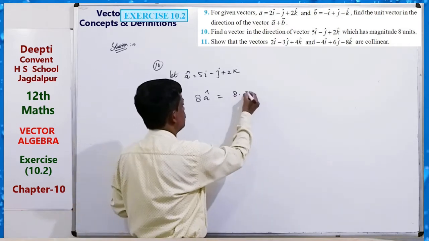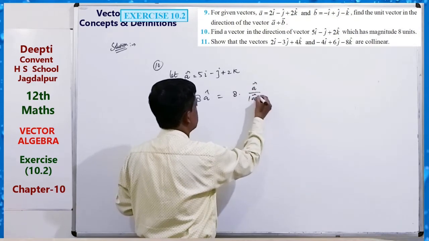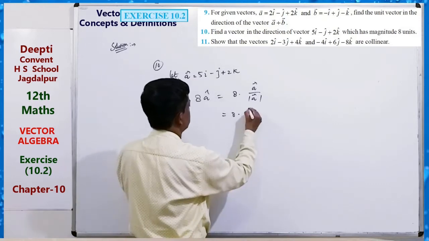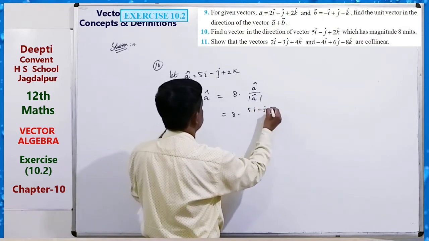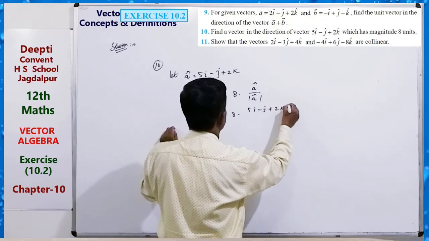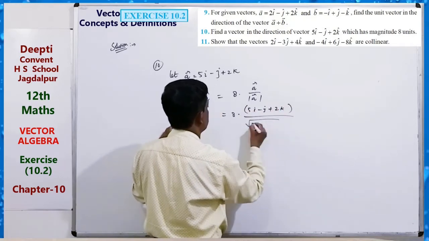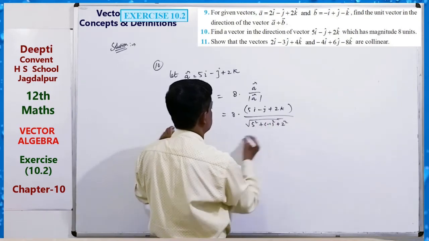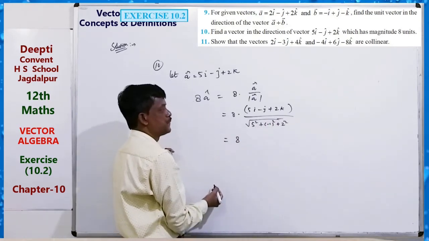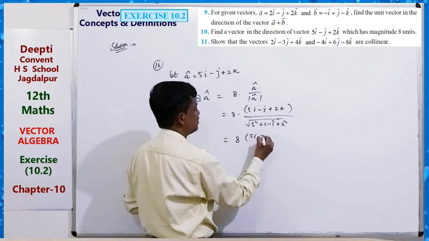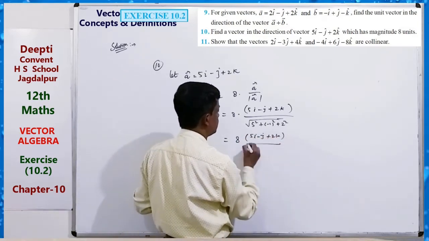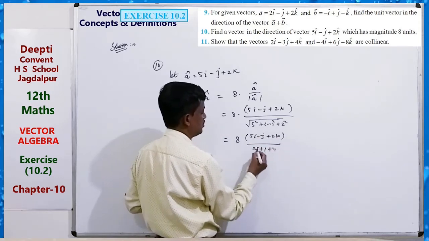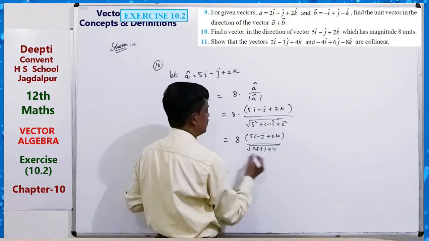So here 8 into vector a upon modulus of a. Vector a is 5i minus j plus 2k upon the modulus, 5 square plus minus 1 square plus 2 square, equals what? 8 times 5i minus j plus 2k upon 25 plus 1 plus 4, which is 30.